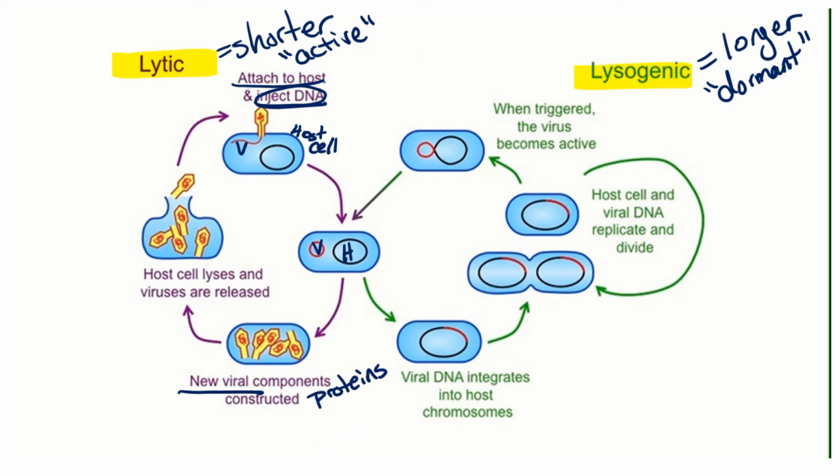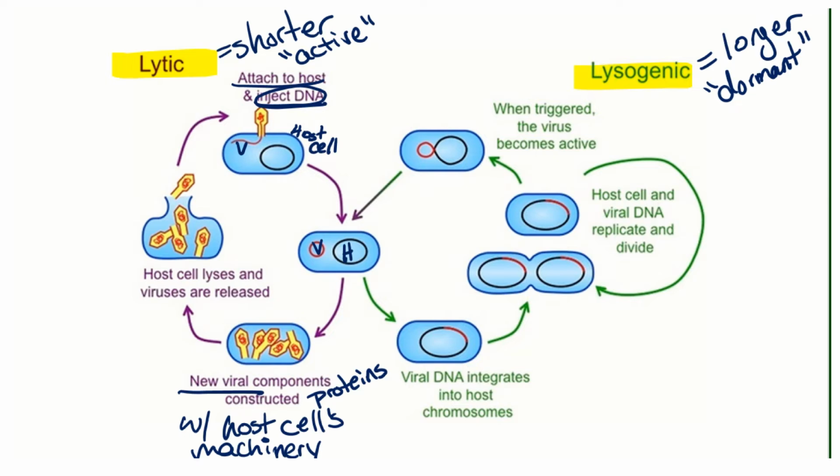Now you need to understand that these proteins are being produced with the host cell machinery. In other words, a virus cannot produce these proteins on its own. It requires that host cell.